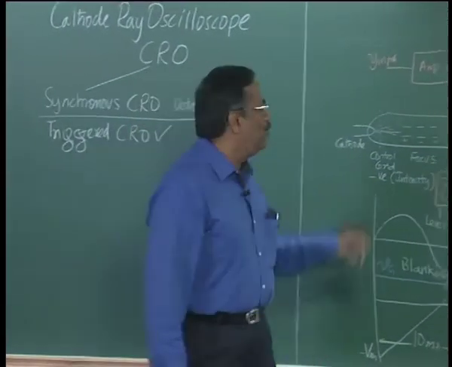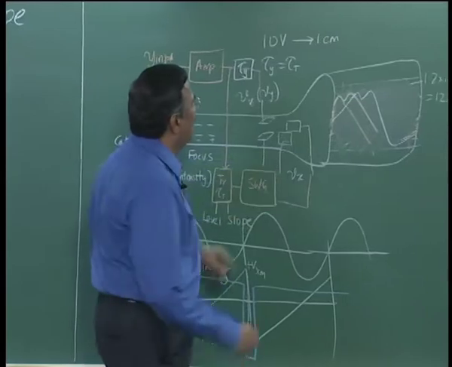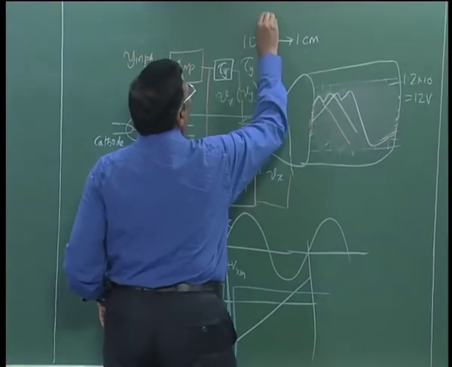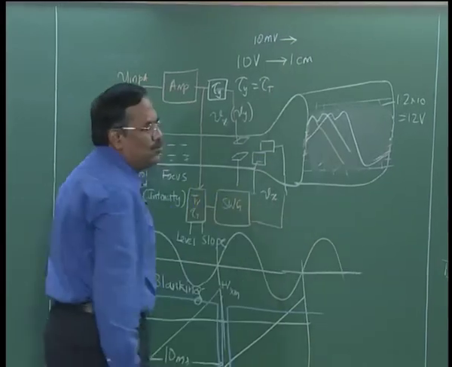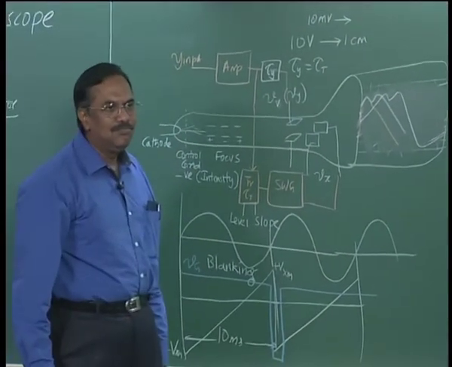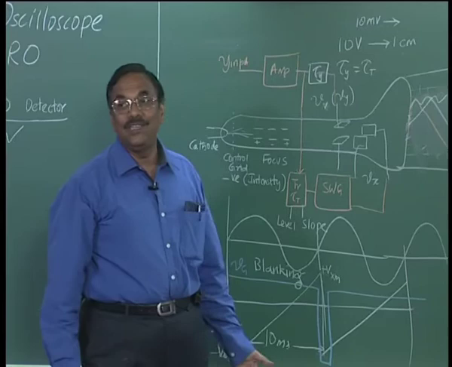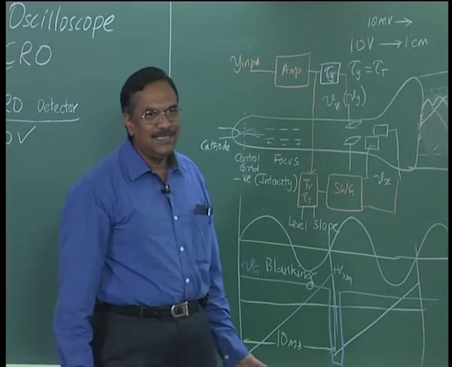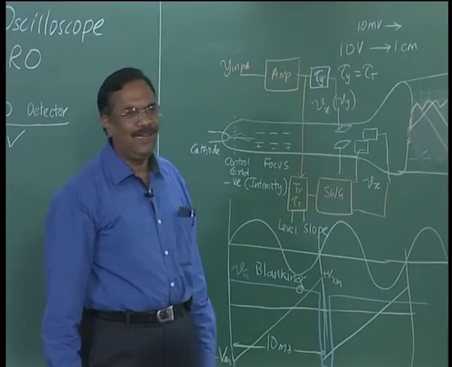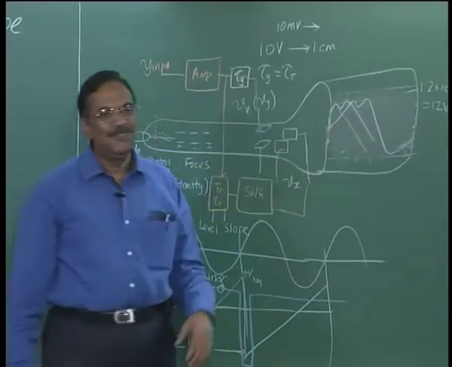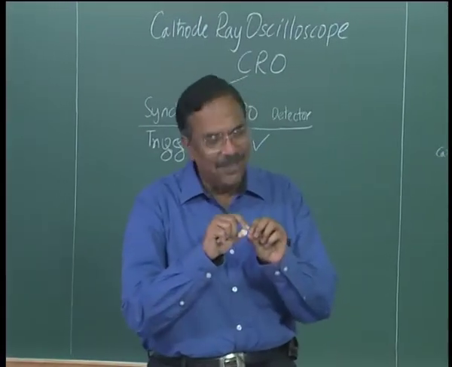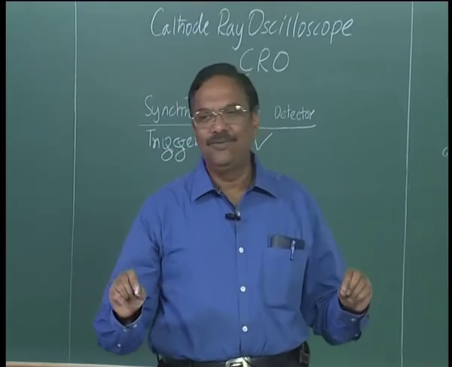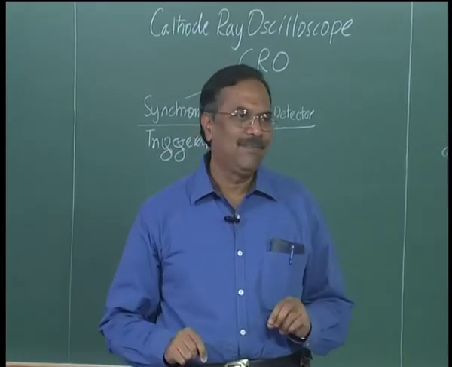When I have 10 volts equal to 1 centimeter and I have, let us say, 10 millivolts, 10 millivolts will correspond to 10 by 1000th of a centimeter, which is 100 micron, right. 100 micron shift nobody can really see, right. More than that, the width of the beam itself will be 200 300 micron, okay.